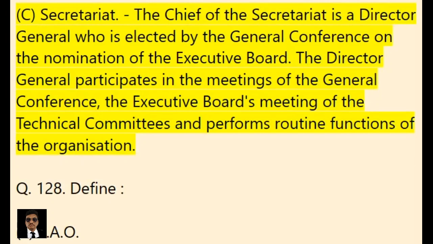The Chief of the Secretariat is a Director General who is elected by the General Conference on the nomination of the Executive Board. The Director General participates in the meetings of the General Conference, the Executive Board, and the technical committees, and performs routine functions of the organization.